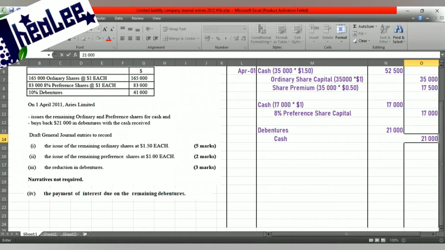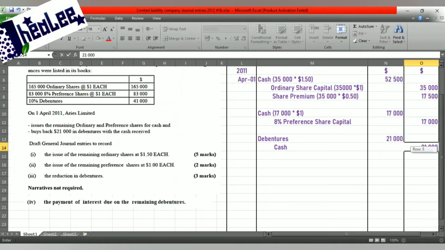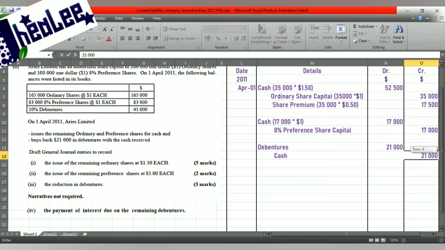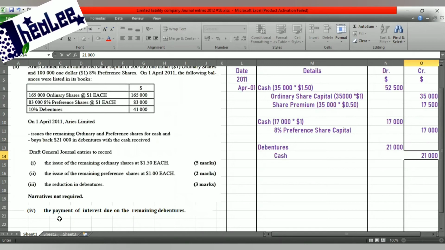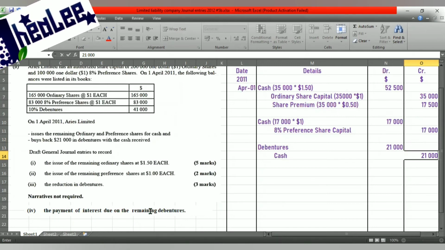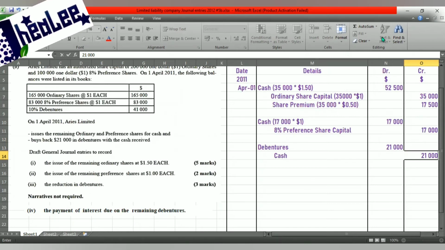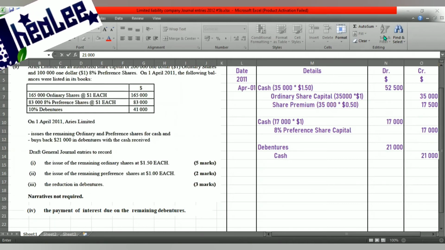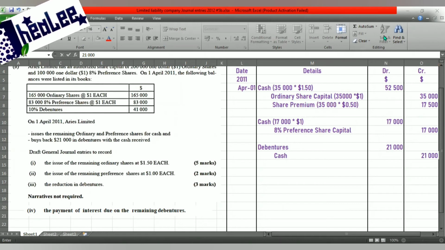Okay, now what we're going to look at next is an addition to the question, and that is the payment of interest due on the remaining debentures. How do we know what is the interest?